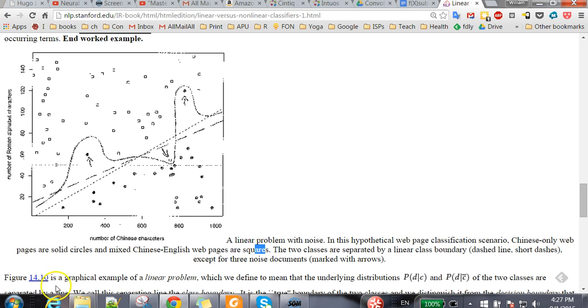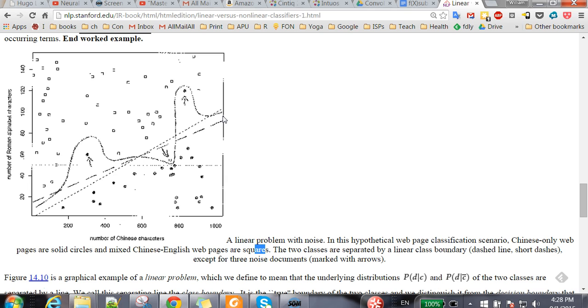Okay, now let's go back to the slide. Okay, I'm sorry, one more thing. We say that there is a function that can classify perfectly, but it's just not linear. So maybe it's this function here. There are actually many functions that we could draw, many curves that we could draw that would do it perfectly, but they're definitely not linear.